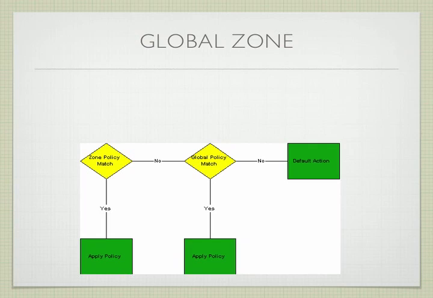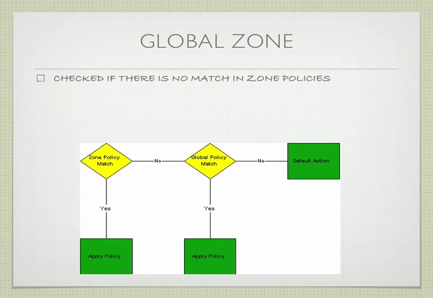So here we show in the flow chart, is there a zone policy match? Yes, then we're going to apply the zone policy. If there's no zone policy match, then we're going to check the global policies. If there's a global policy match, then we'll apply that policy. If not, we take the default action, which is to deny the traffic.